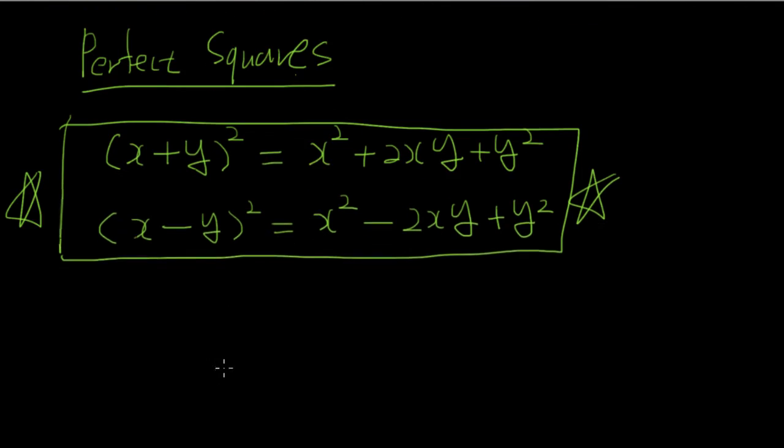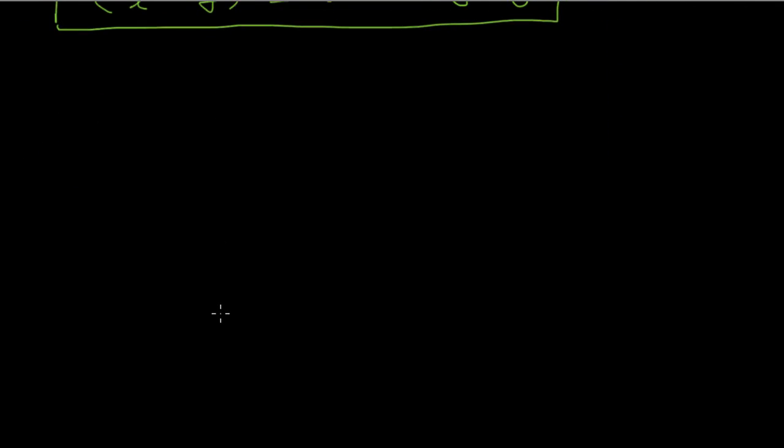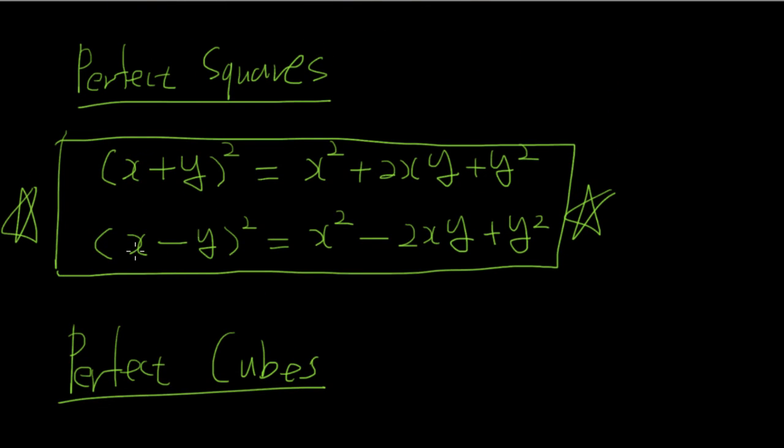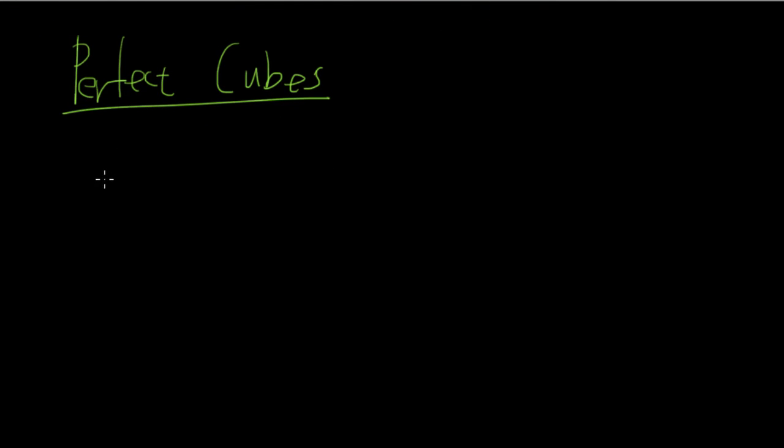The last formula that I also like to introduce is what's called the perfect cube. So this was the perfect square. Let's do a perfect cube. It would be (x plus a) cubed. They usually use a here, so let's use a.